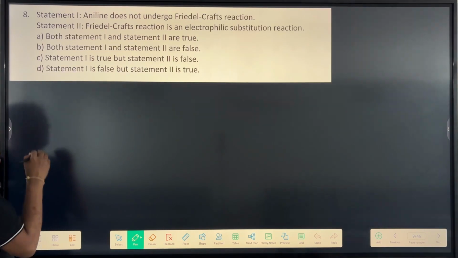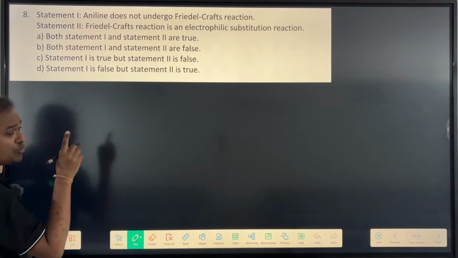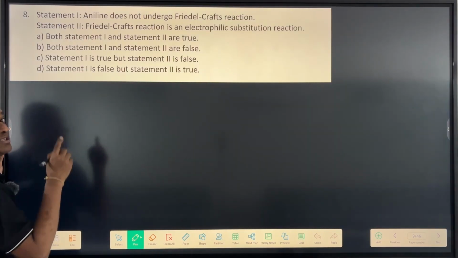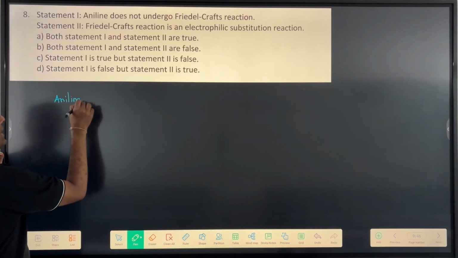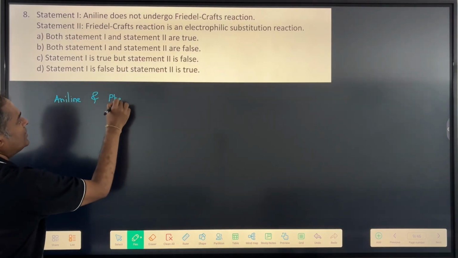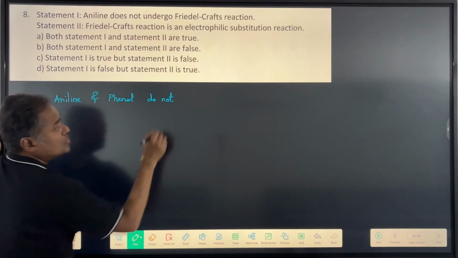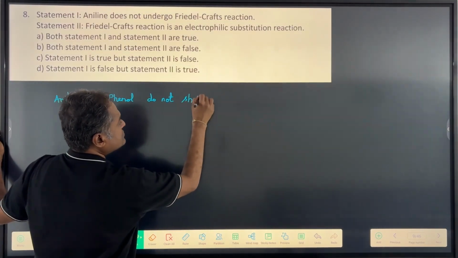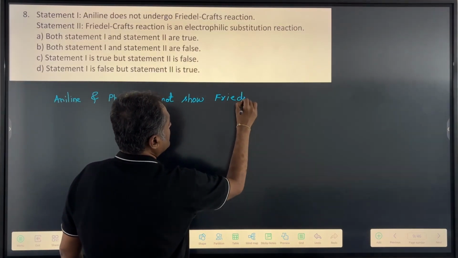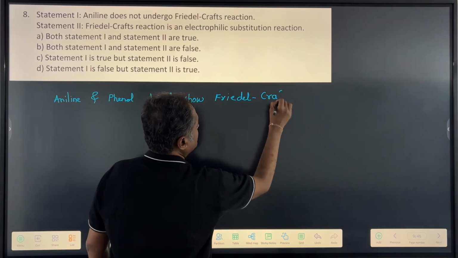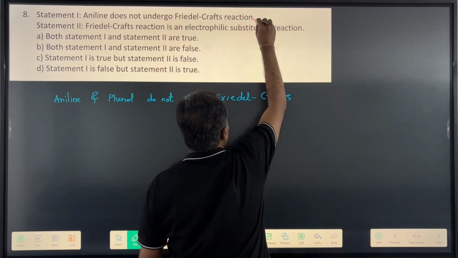One of the very common reactions of benzene is the Friedel-Crafts reaction, and when you study Friedel-Crafts, you should know there are some limitations: aniline and phenol do not show Friedel-Crafts reaction. According to that, statement 1 is correct.